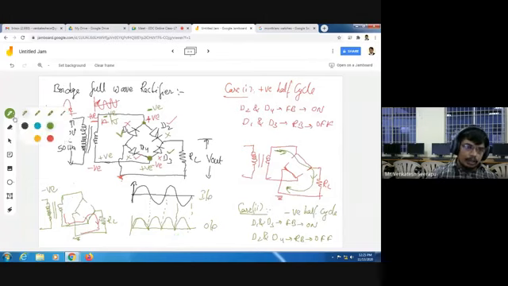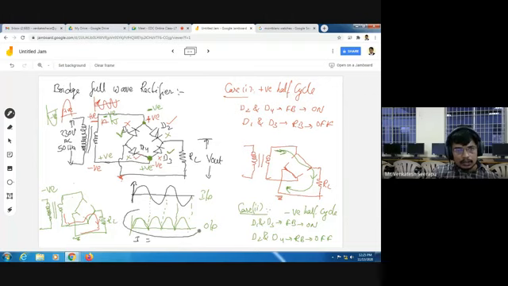Now tell me the current equation of this waveform. This is the output waveform. Now tell me the current equation of this output waveform. The equation for this waveform is, let us consider the maximum value or peak value Im, so the equation is Im sin omega t.